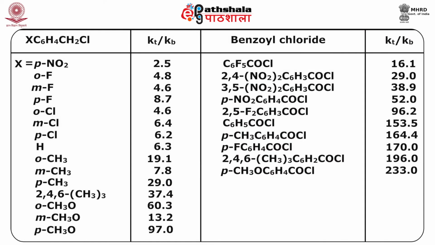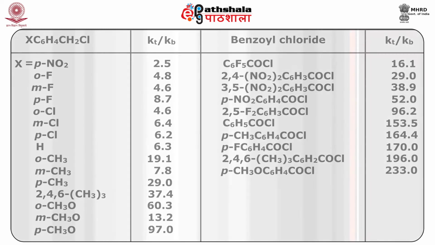Now here is the table we were discussing, that is the Kt by Kb ratios for TiCl4 catalyzed, that is titanium tetrachloride catalyzed, benzylation, and AlCl3 catalyzed, that is the aluminum chloride weak Lewis acid catalyzed, benzylation reaction. Here you will see different Kt by Kb ratios in the benzylation with TiCl4 and AlCl3, and notice the different values.